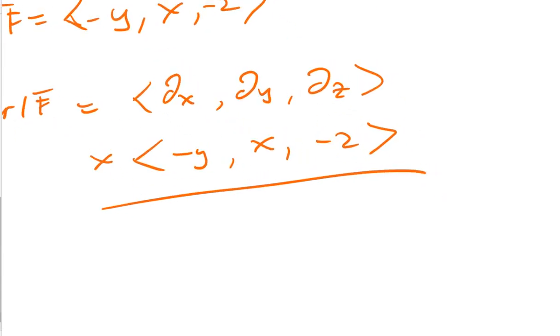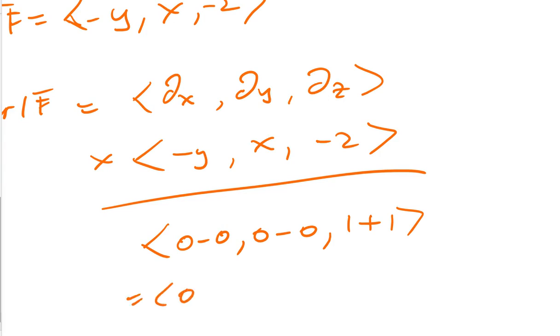So we get, let's see, 0 minus 0, 0 minus 0, and 1 plus 1. Oh, you just get 2 out of this. Yeah, 0, 0, 2. So we get 0, 0, and 2, like that.